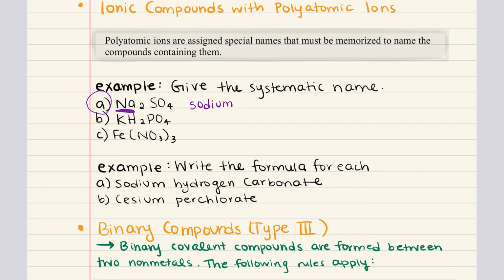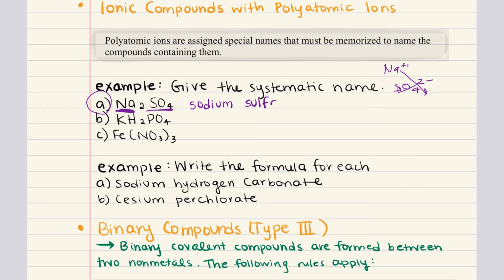Our anion is SO4, and it's specifically SO4 2 minus. We know sodium is +1, and then they swapped charges, hence why the chemical formula is Na2SO4. SO4 2 minus, this is sulfate. So the name of this compound is sodium sulfate.